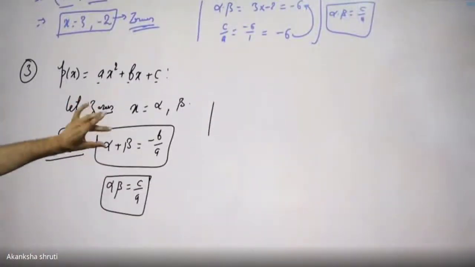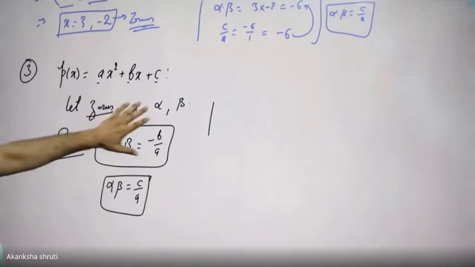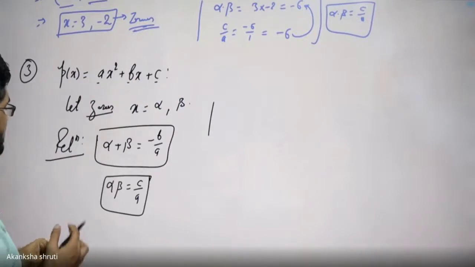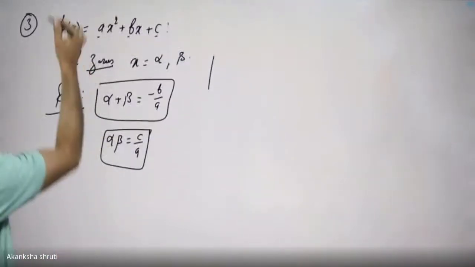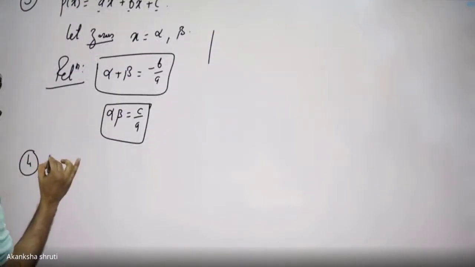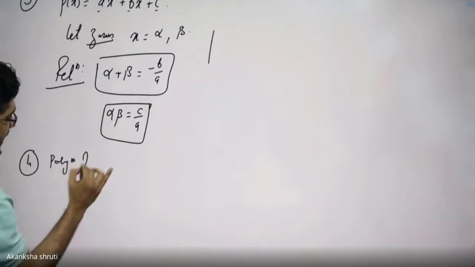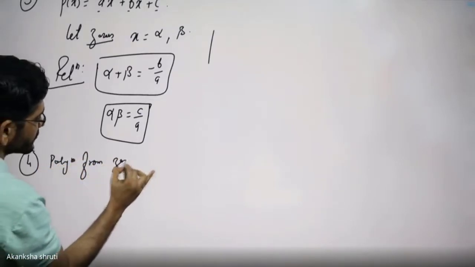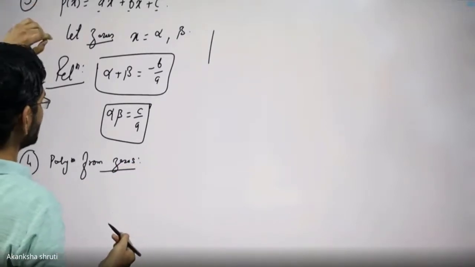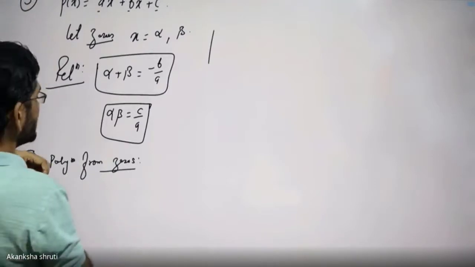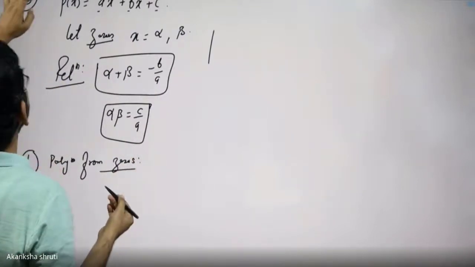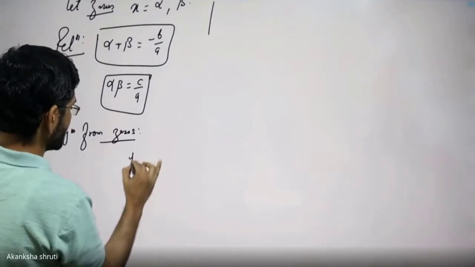So student, if the zeros are known, or the sum of zeros and product of zeros are known, then this polynomial can be framed. So the fourth relation is polynomial from zeros. If the zeros are given, then the polynomial can be calculated or written.